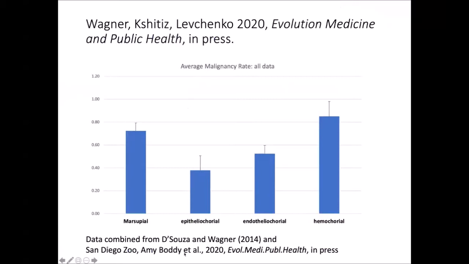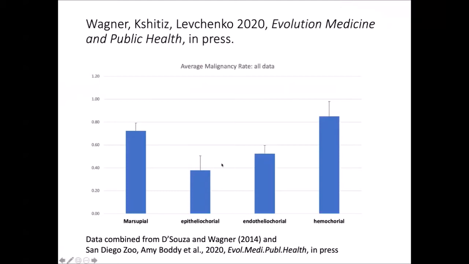My colleagues and I disagree with her interpretation, but taking the data that is in her paper, and combining it with our data that I just talked about, you get this result where epitheliochorial species have the lowest estimated malignancy rate, the highest in hemochorial, so highly invasive placenta is correlated with a higher rate of malignancy.